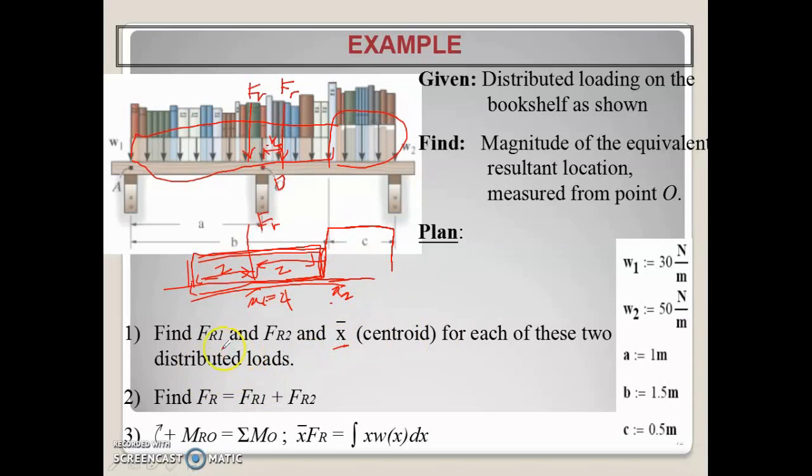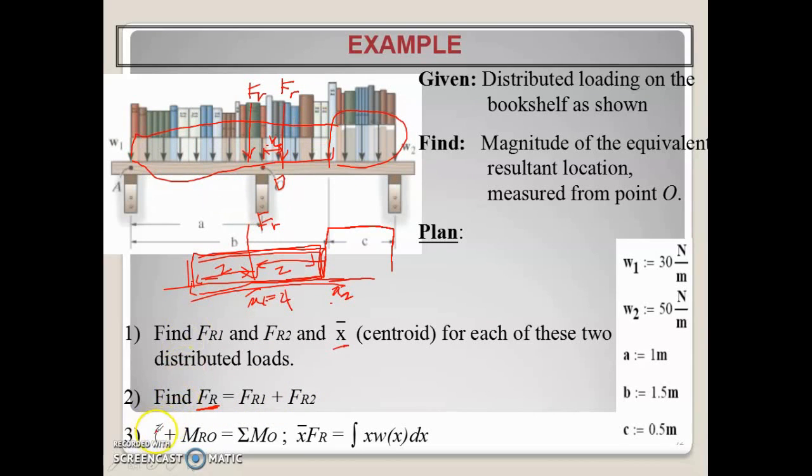After you get the F resultant 1 and resultant 2, you will simply add those resultant forces to get the total resultant force of the whole system.